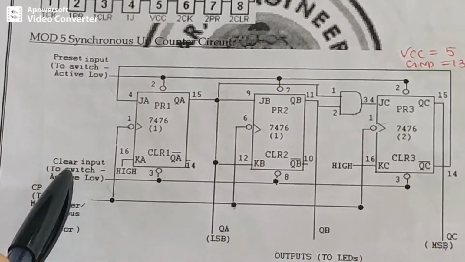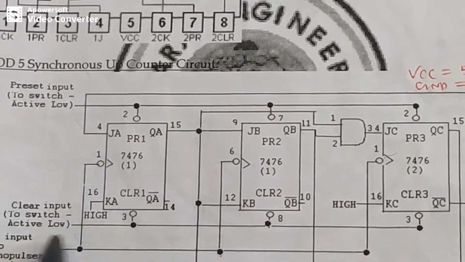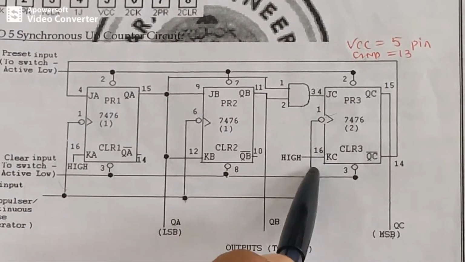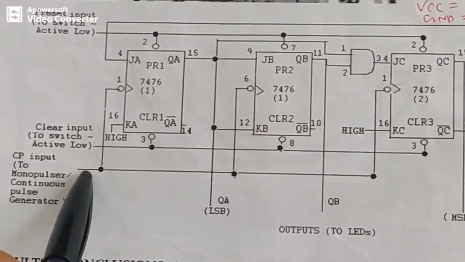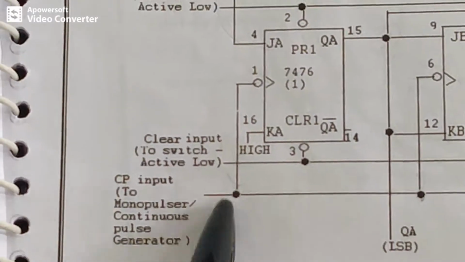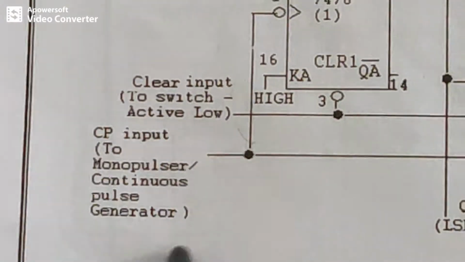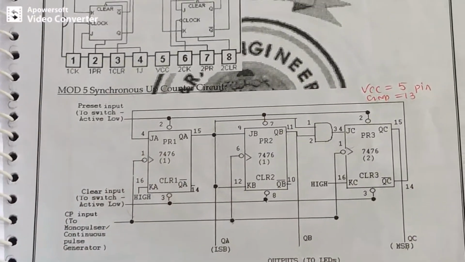Other than that, pin number 1, pin number 6 and pin number 1 of the second IC we have to short together and connect to the clock signal. Either you can use mono clock or auto clock. Now we will see how to connect this.